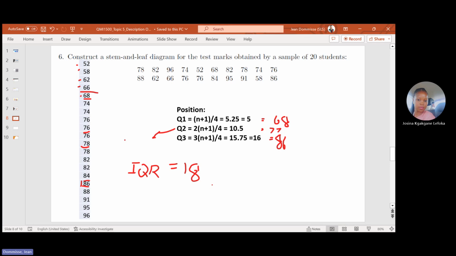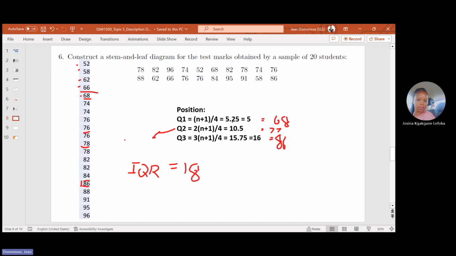Okay, so I want to show you in Excel. What Excel does for Q1 and Q3 is using this formula of 5.25. So if you guys are actually using the original formula as it should be, then it is perfect to use Excel.